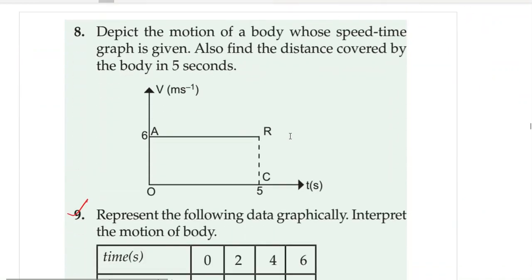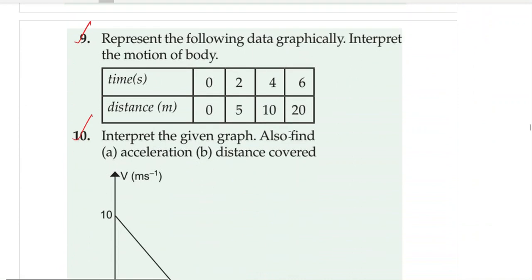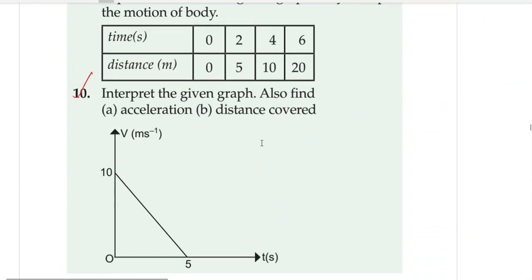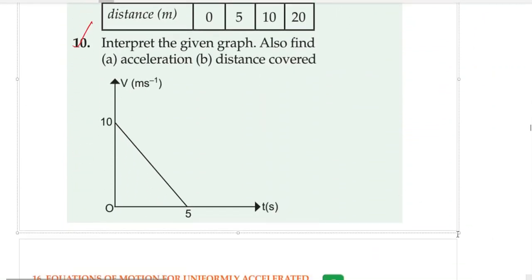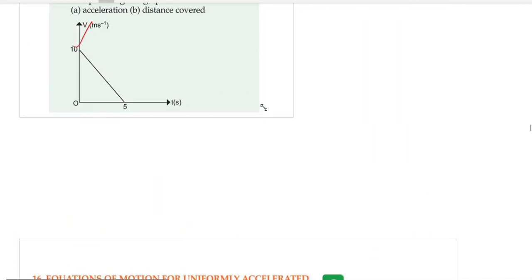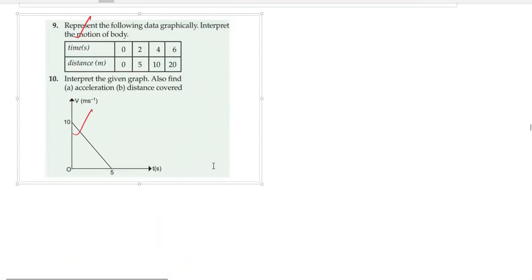Let's go to the next doubt. Next doubt is question number 9 and 10. Okay, next, question 9 is: represent the following data graphically and interpret the motion of the body.